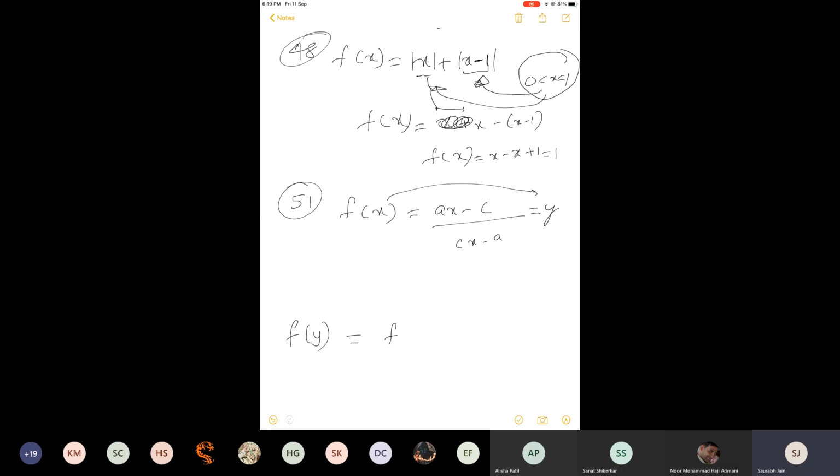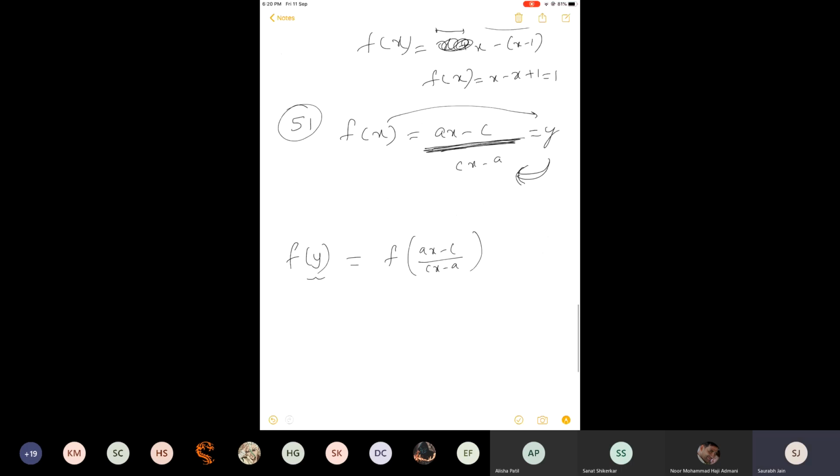either you can do one thing. You read this as y, okay? This whole expression is y. And you have to put y here. So that means you have to put this term here. Now what to do? Now read everything as x. This whole expression as x. Why? Because now you will put it here and solve it like this.